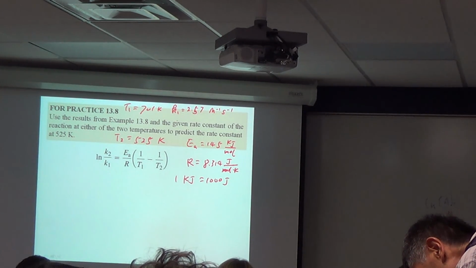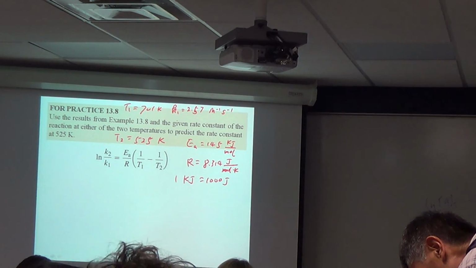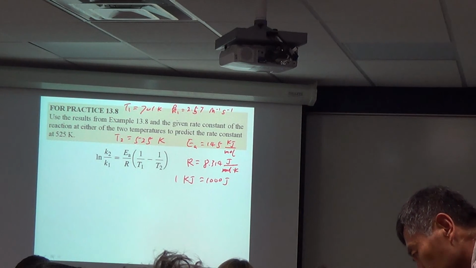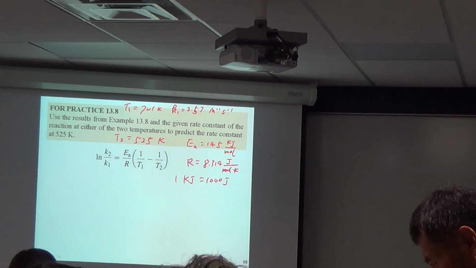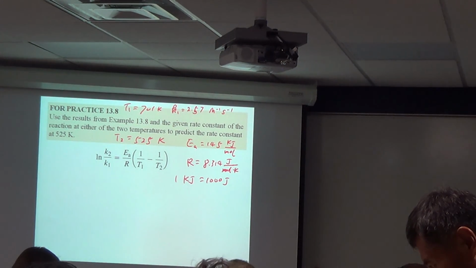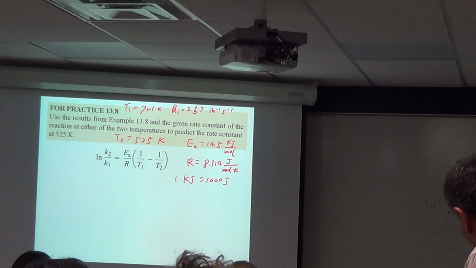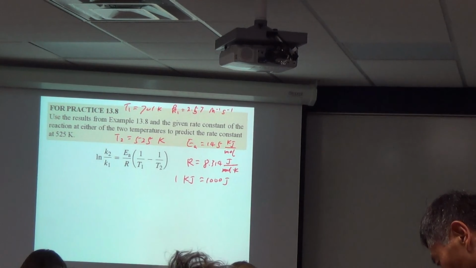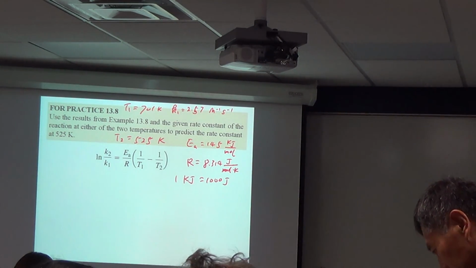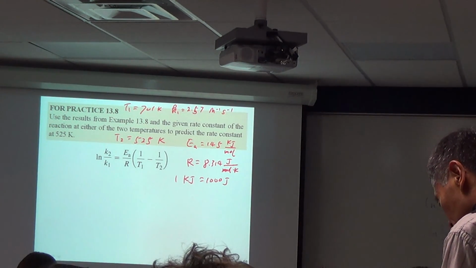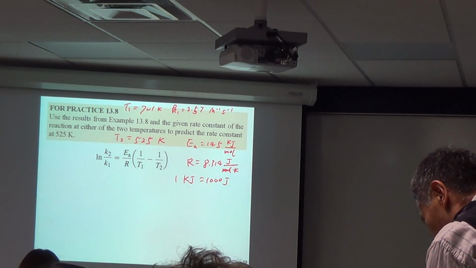Now what do you do the calculation on first? You will take 1 divided by 5. You're going to use parentheses. Over 1 divided by 7 over 1. Then times that.